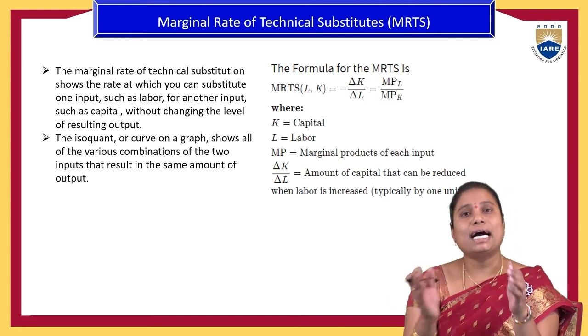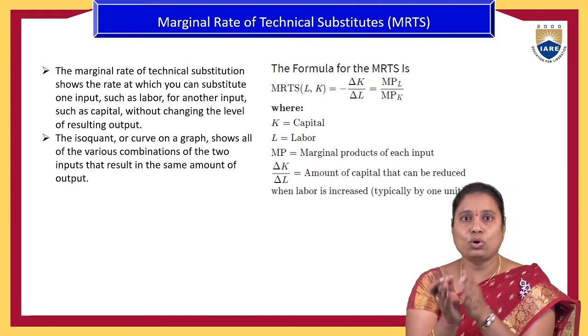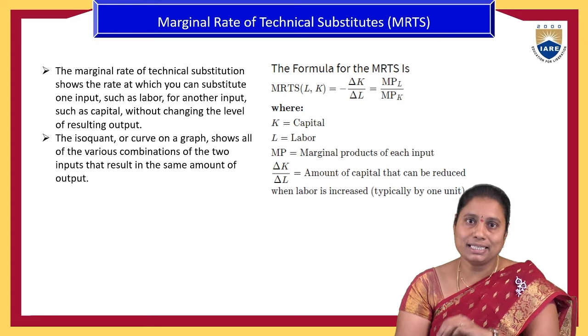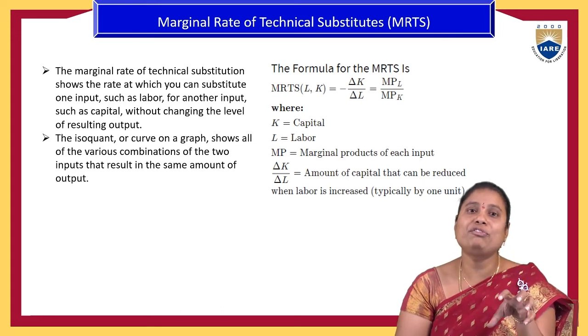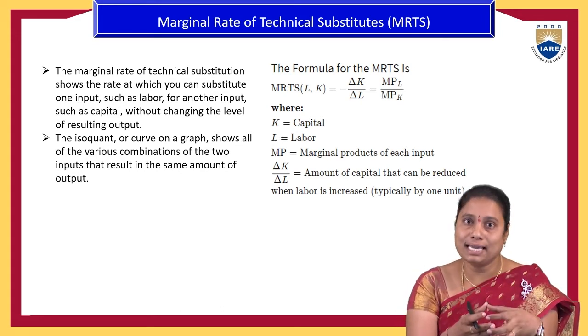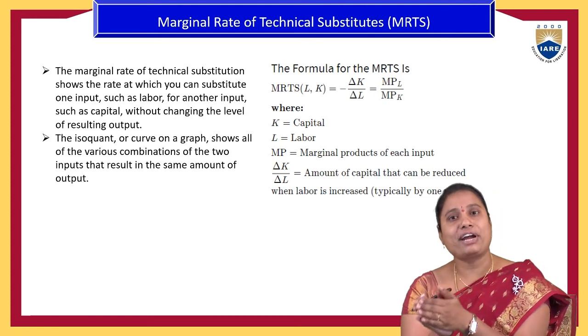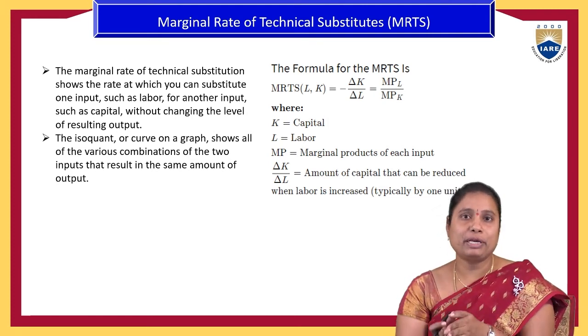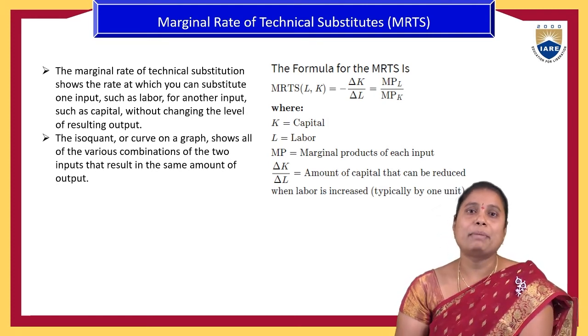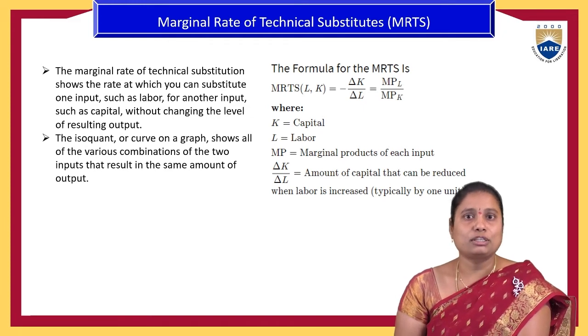That is, in the isoquants and isocosts, how much impact one input factor has on the other factor is measured in terms of the marginal rate of technical substitution.